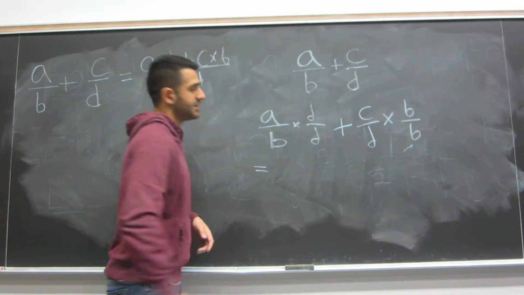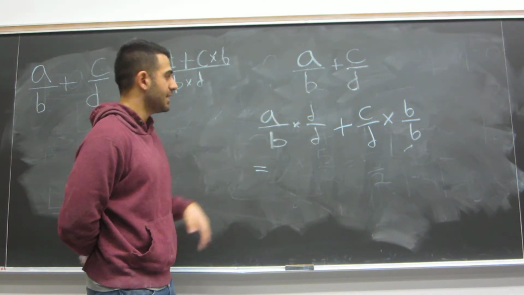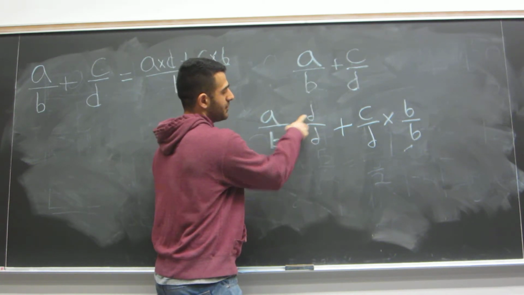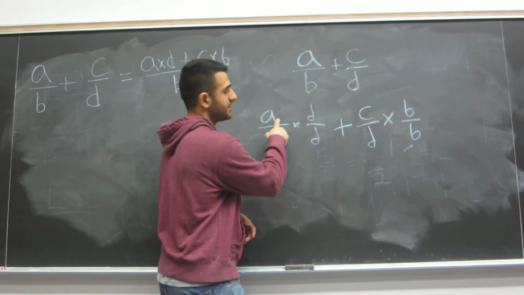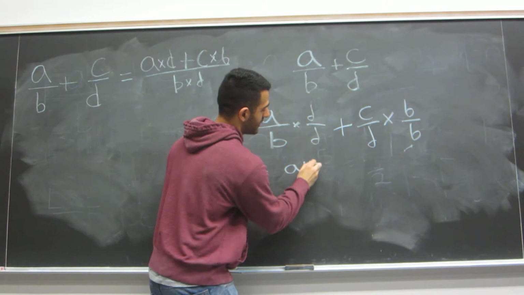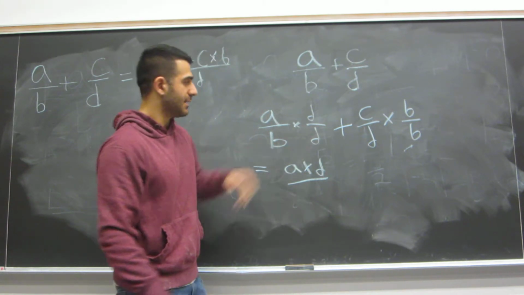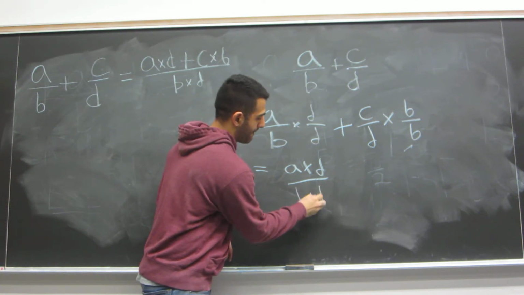So let's simplify this. We know how to multiply fractions, so let's do that. And in case you don't, what you would do is multiply the numerators and the denominators of the fractions. So a times b, the numerator times the numerator, over the denominator times the denominator, so b times d.